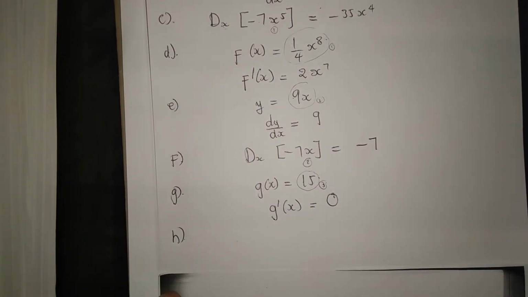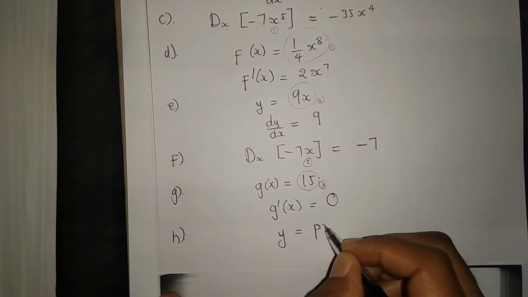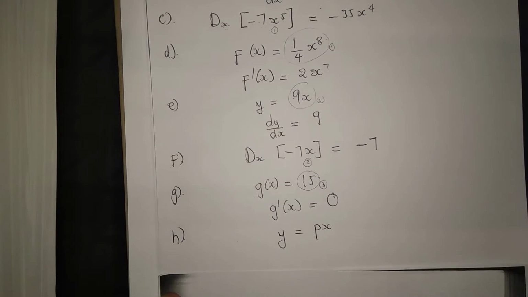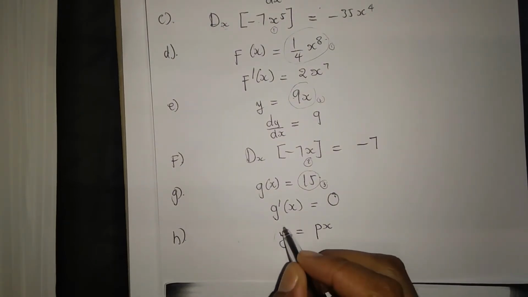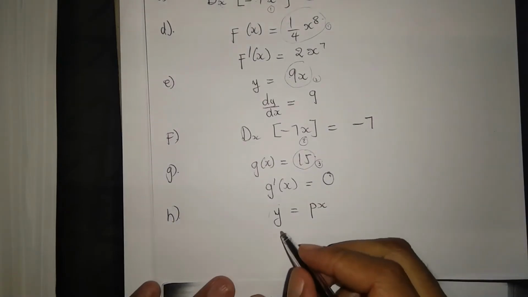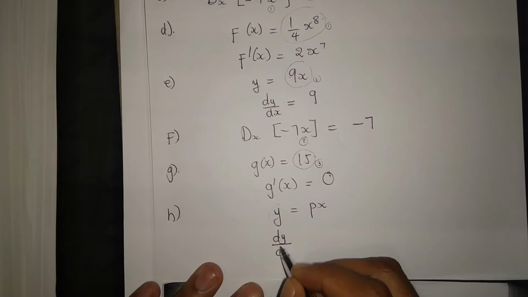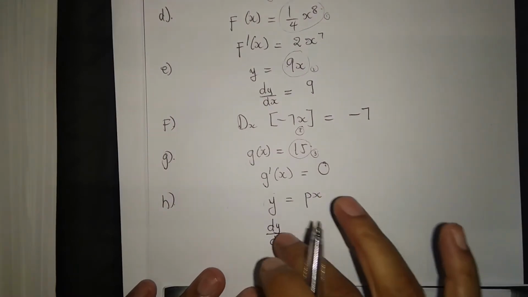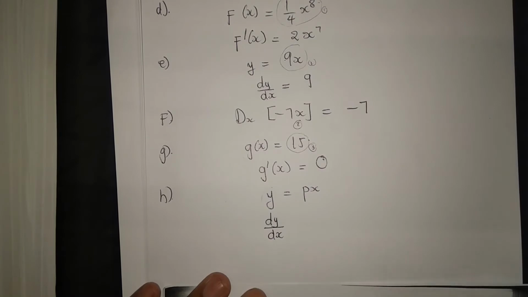Now h, and then y equal to px. My function is represented by y, so check out dy over dx. So we use this symbol because my function is represented by y.